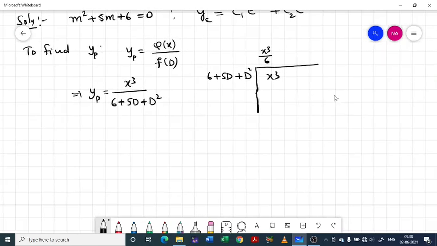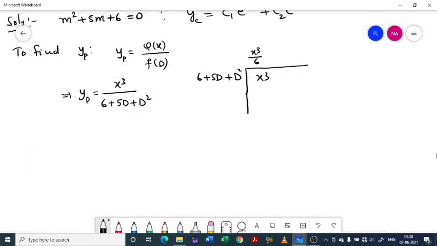Okay, that you get to be x cube plus 5 by 6 into derivative of x cube, that is 3x square.